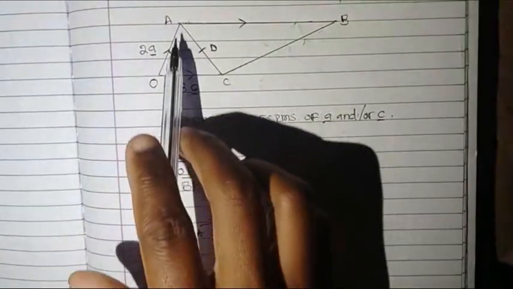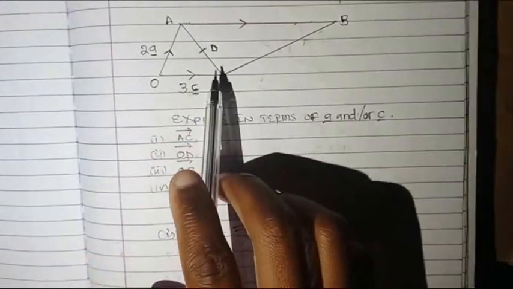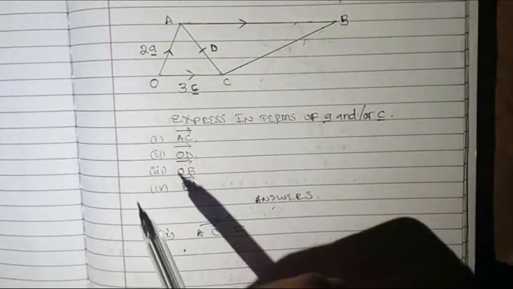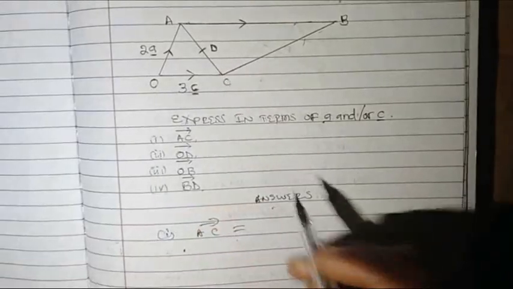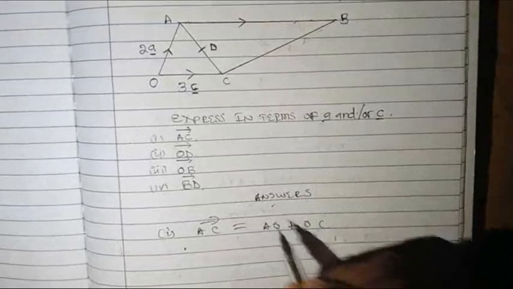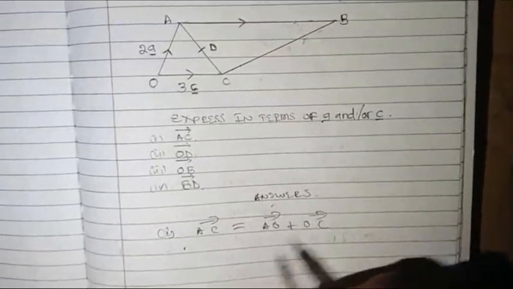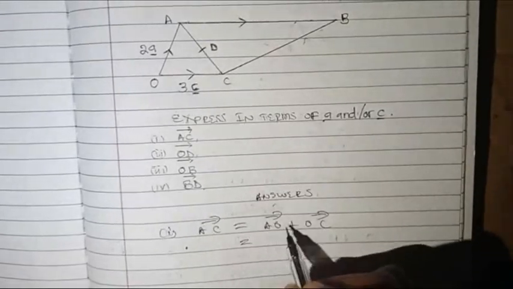We can go from A to C by using the triangular rule of adding vectors. So AC equals AO plus OC. These are vectors. Okay. So what is AO?